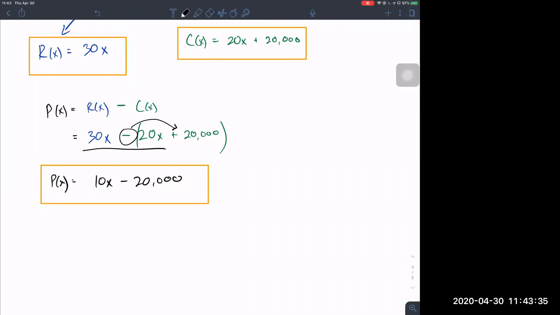So I'm going to do them in purple, not in pink, so it's obvious to tell them apart. You have to remember that the 20 only, this is what's called the variable costs per unit.